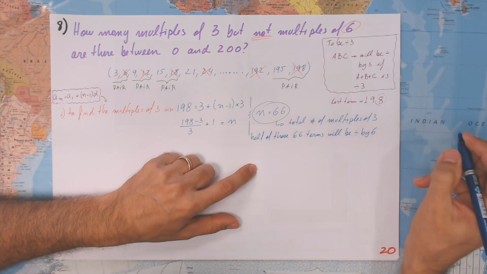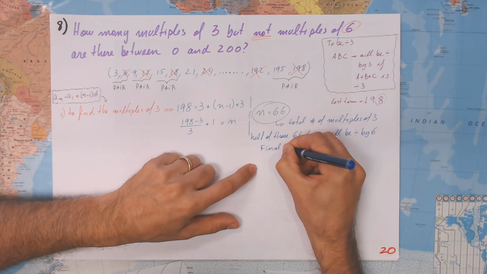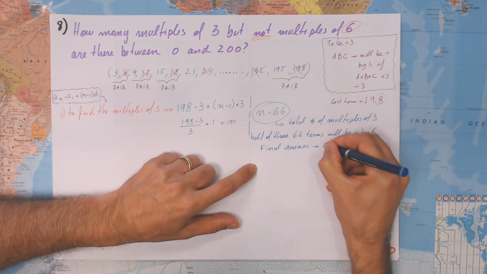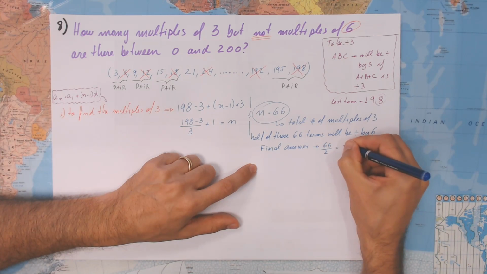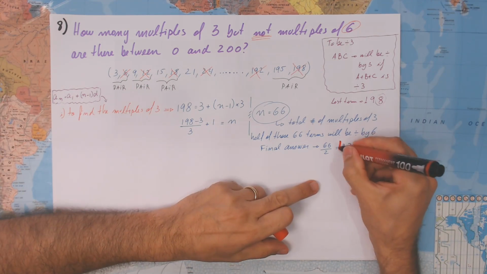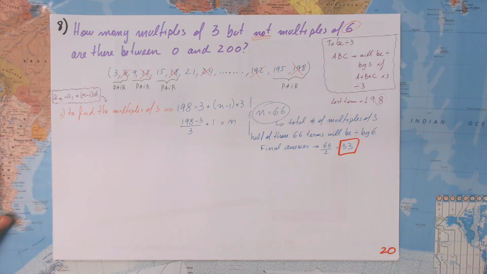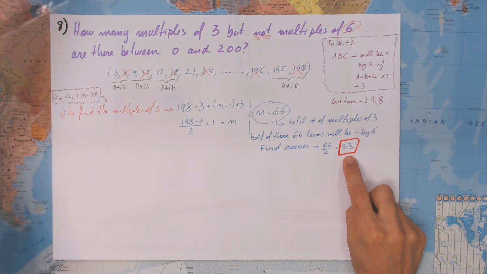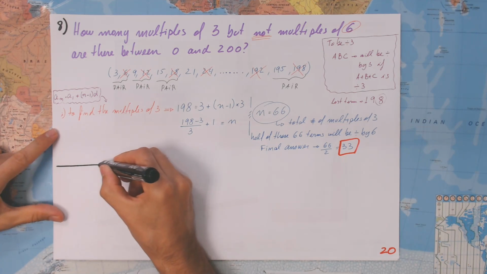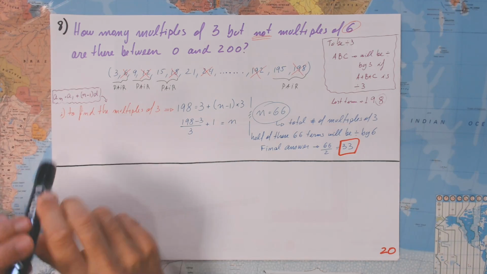So our final answer is going to be what? Just half. 66 divided by 2 is 33. So this is going to be our answer. We're going to have 33 terms between 0 and 200 that are divisible by 3 but are not divisible by 6.